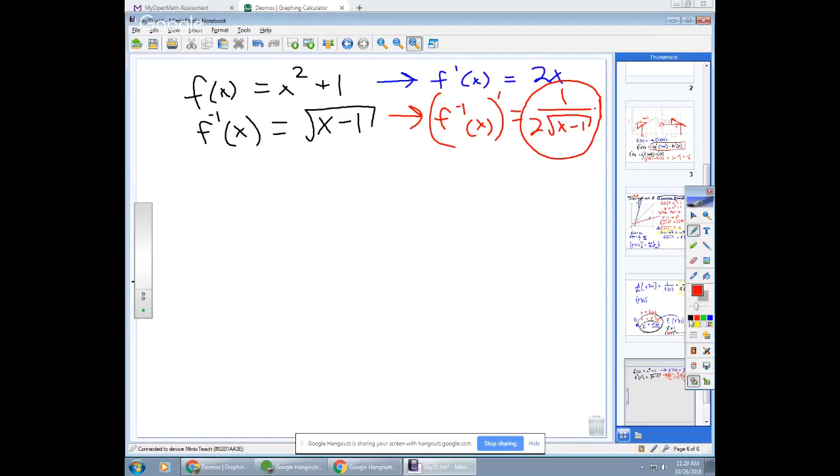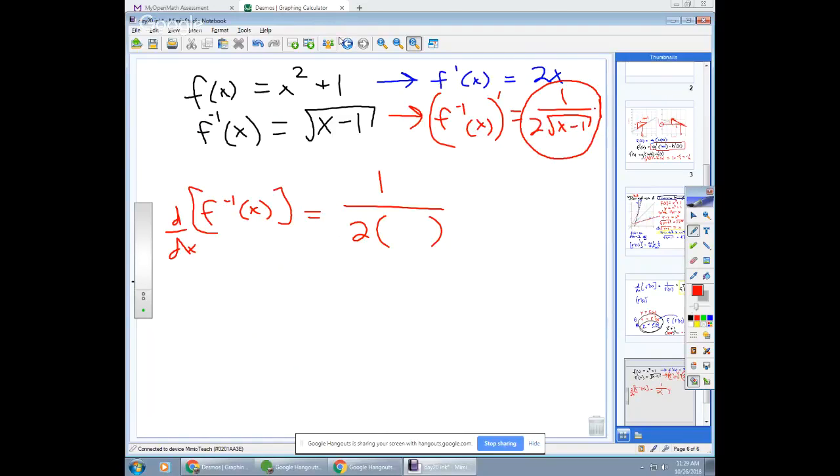Okay, so now we're going to apply our new fancy formula. The new fancy formula says if you have an inverse function and you want to take its derivative, then take 1 over the derivative of your function. The inverse of an inverse is the original function. So that would be 2 times something.